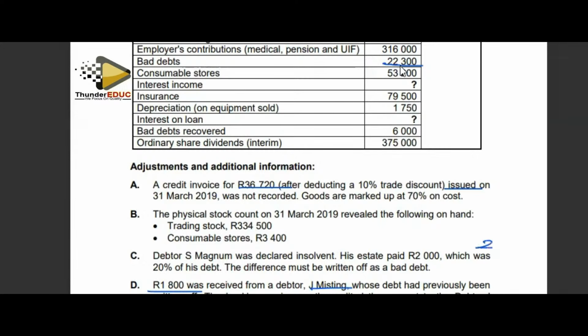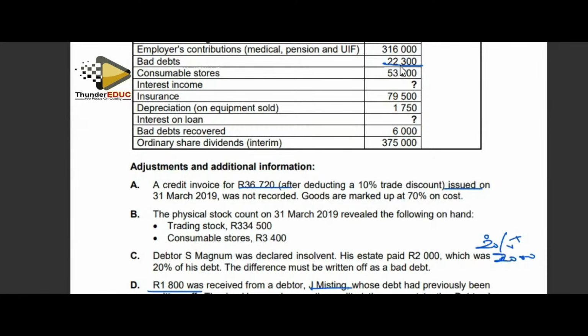So what is 20% of 2,000? 20% times 2,000. That's what was paid. Okay. So 20% of 2,000 we get 400.